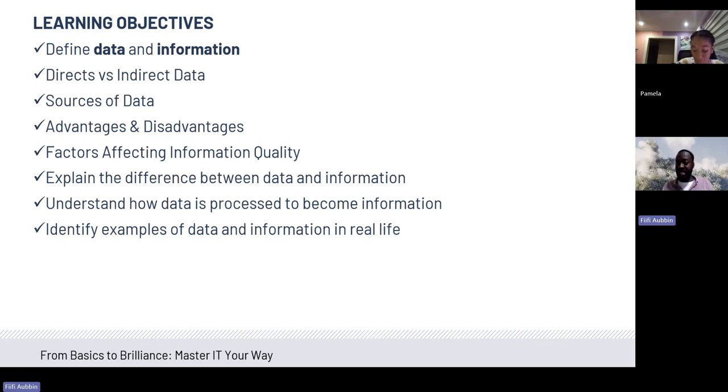Where do we even get these data? What are the advantages? Then factors affecting the information quality, and explain the difference between data and what? Information. And understand how data is processed to become information, and identify examples of data and information in real life.